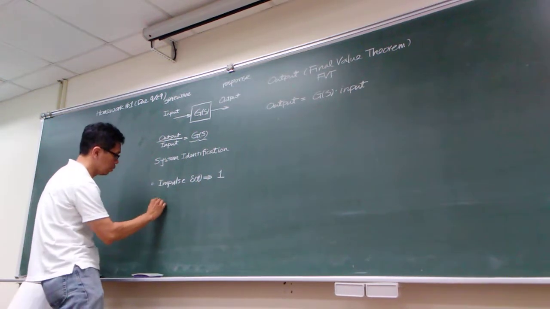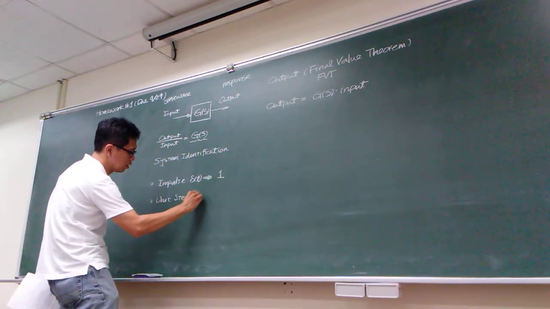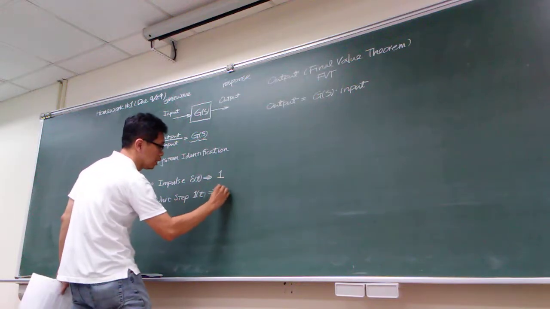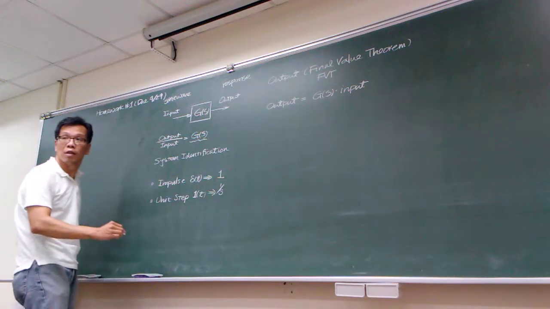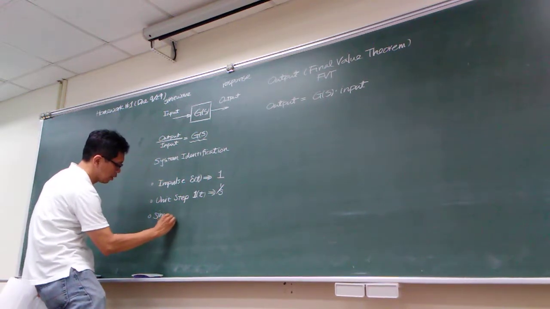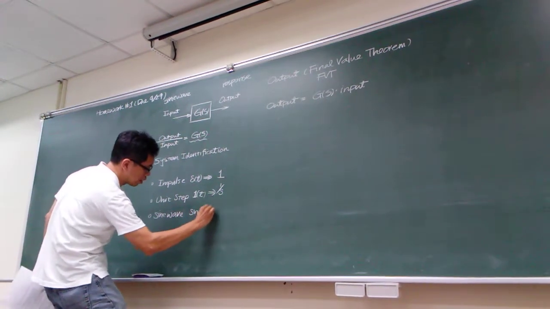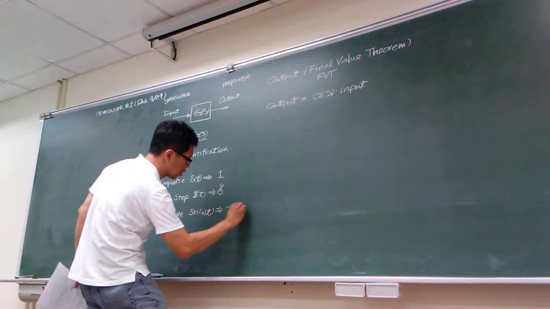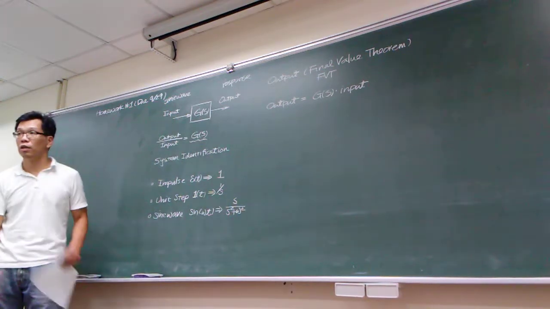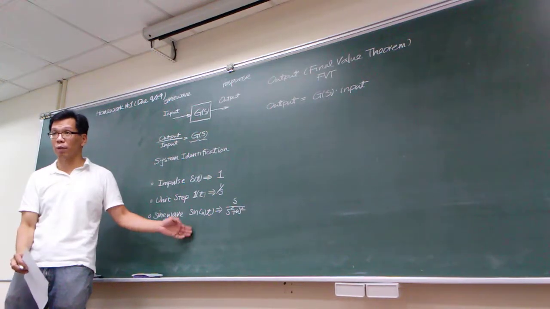If it's a unit step, then it is going to be 1 over S. If it's going to be a sine wave, it is going to be omega over S squared plus omega squared. Those are the things. You guys know that already in engineering mathematics, right?